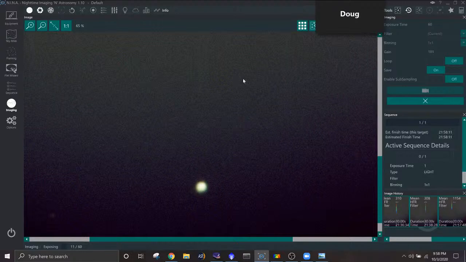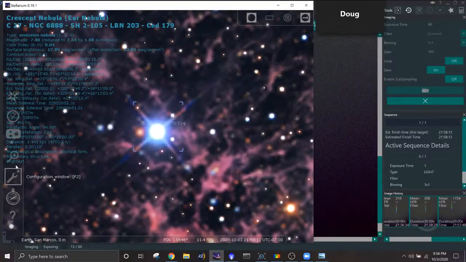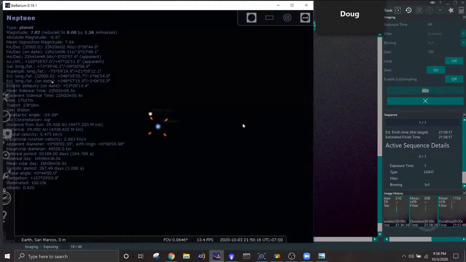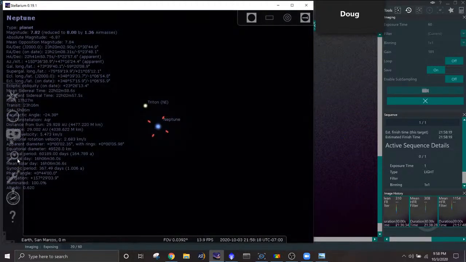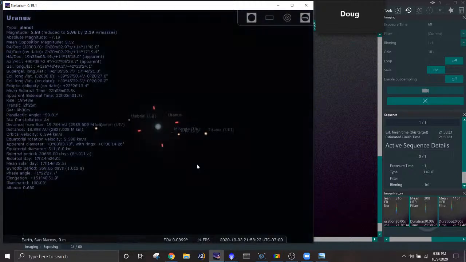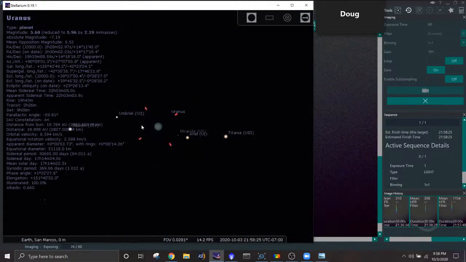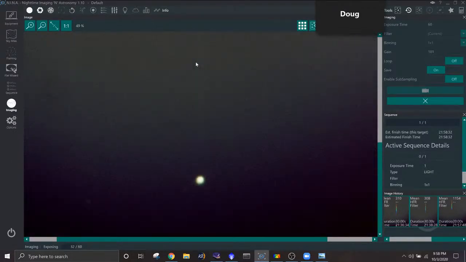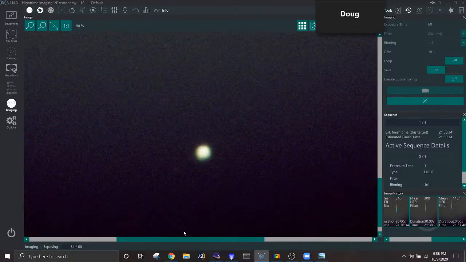We can actually look at Stellarium for this and see what's there. Well, let's look at Neptune really quick, because Triton's over there. But let's look at Uranus, there's quite a lot. So we should see around 4 moons, depending on how much shows up in this thing.